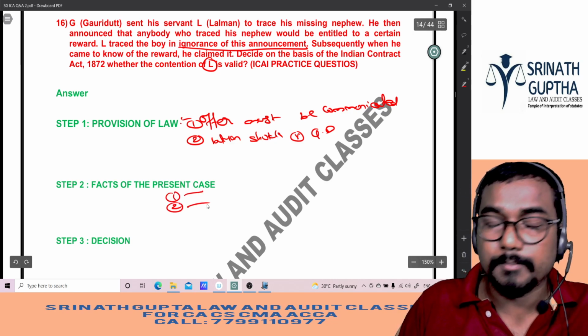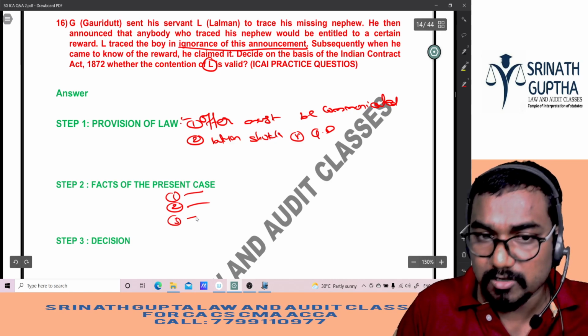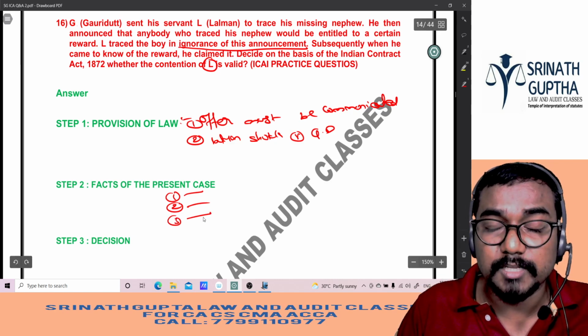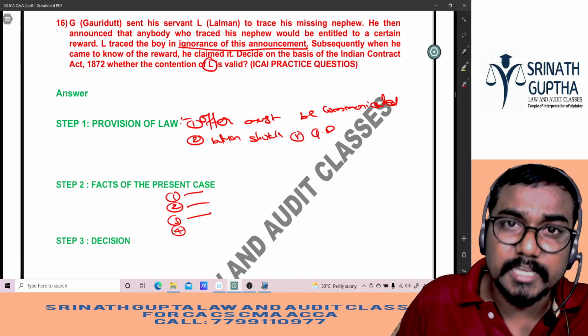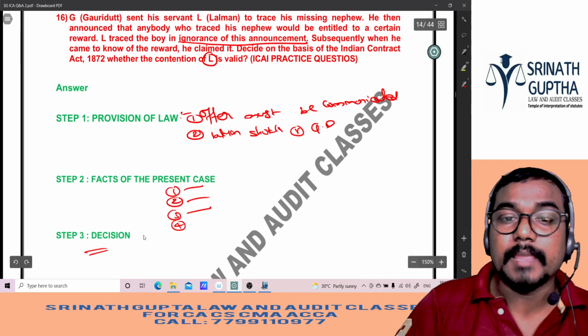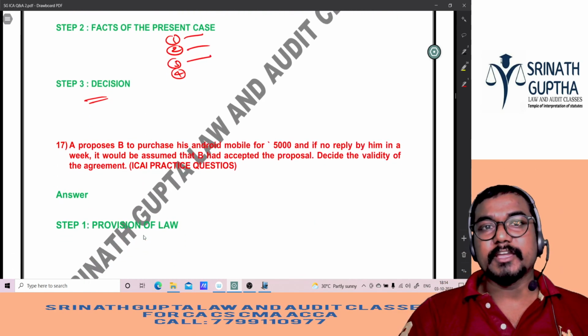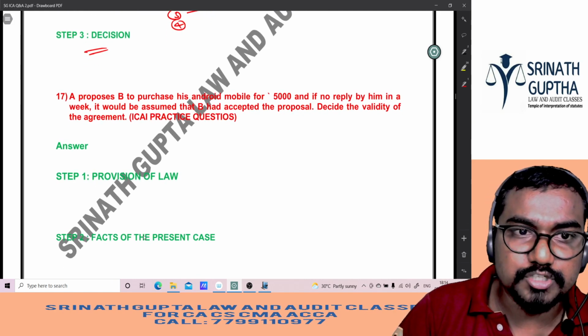Gauri Dutt sent his employee Lalman Shukla in search of the nephew. Subsequently, he announced the reward, and Lalman Shukla found the nephew without having knowledge of the reward announcement. The employee is not eligible to get any reward. Isn't it, beta? This is how you have to answer that question, beta.